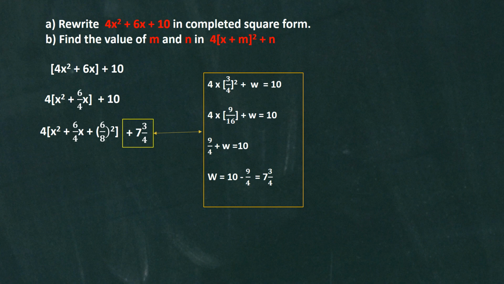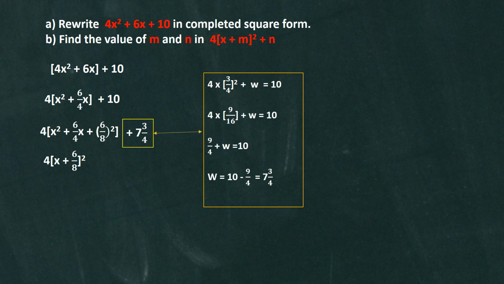So 9/4 plus that constant that we do not know will get us to 10. We call it W in this case. We do 10 take away 9/4, and that gives us 7 3/4. I hope you've understood how we found that new constant of 7 and 3/4.